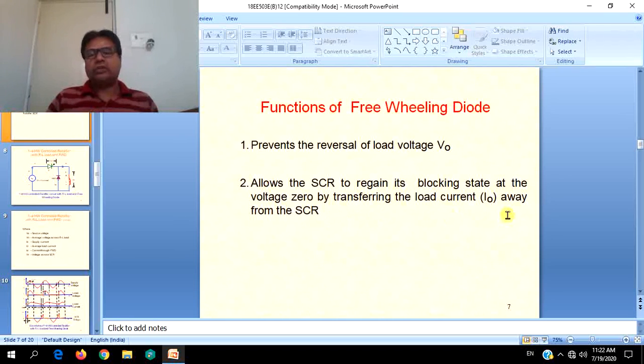It allows the load current to flow in the same forward direction itself, and as this current is not flowing through the SCR, the current value falls below the holding value and the SCR comes to the off state, that is, the forward blocking state. How it happens? Let us see.